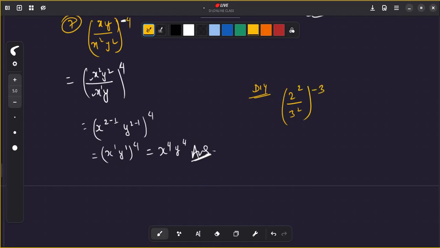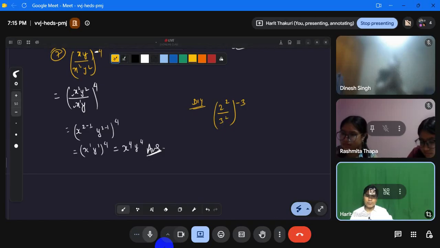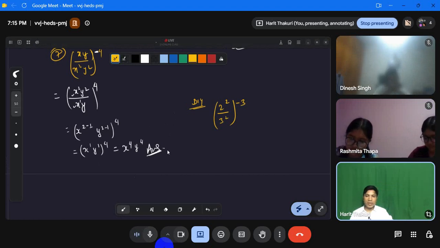Now do this question. 2 square divided by 3 square whole power minus 3.